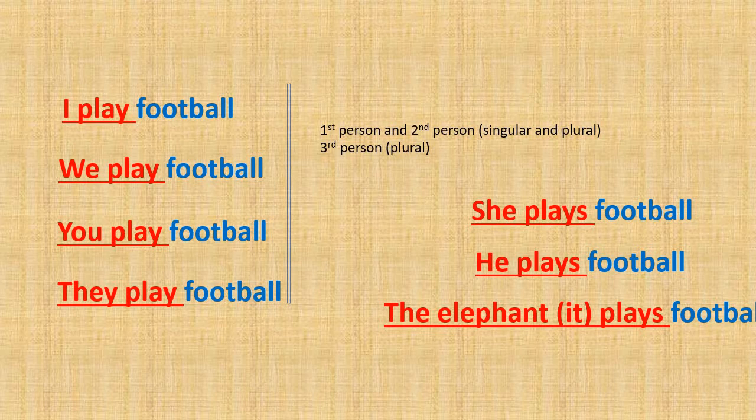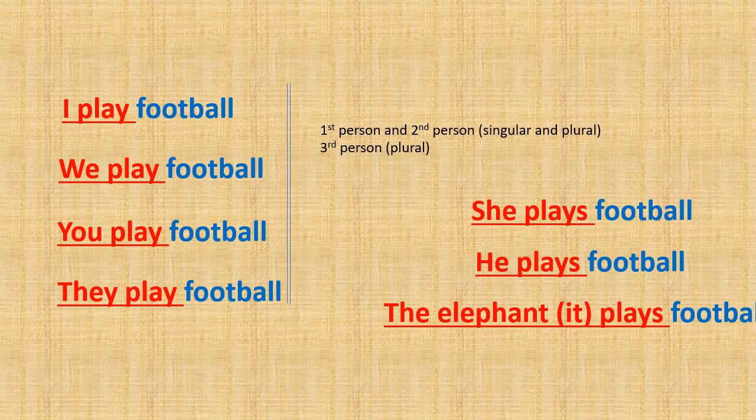It doesn't matter whether it is in plural form or singular form. Third person plural also does the same. But the exception case is third person singular number, right? Third person singular numbers, she, he, it, or any names, use the main verb by adding an s at the end of it.